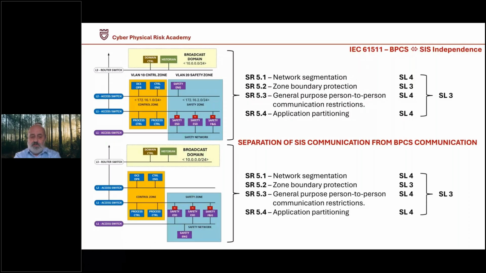This safety network is fully isolated from any other system, which on the top is not the case. In the top, I can still manage it and centrally distribute the AV signatures to it. So that's a risk decision, whether you want it or not. If you say no, it takes a little more work to maintain it.